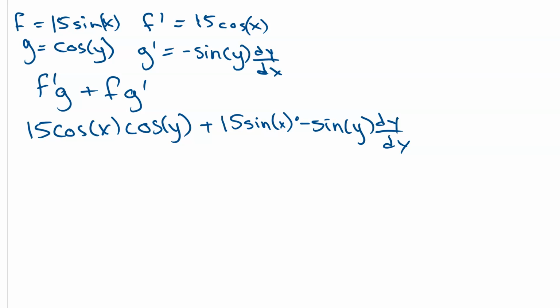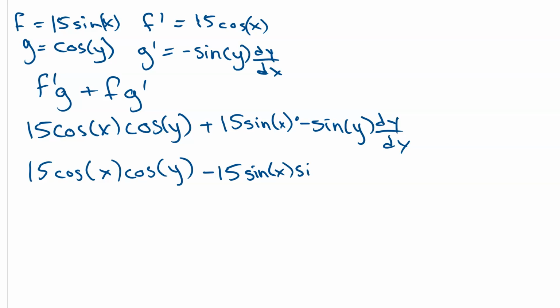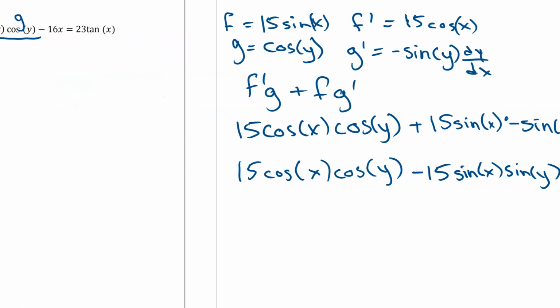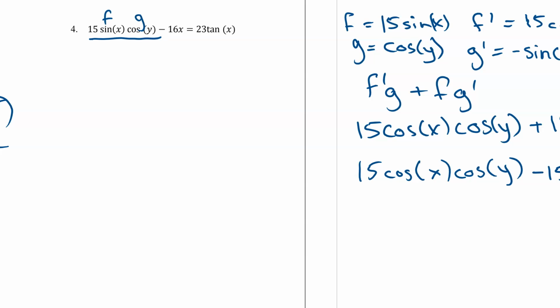All right, so we can't combine them into cosine squared because their guts aren't the same. So now we're going to take this lovely derivative and substitute it in over here.